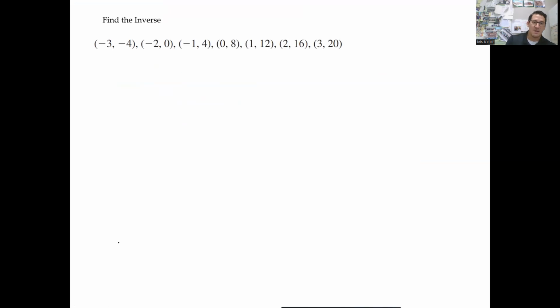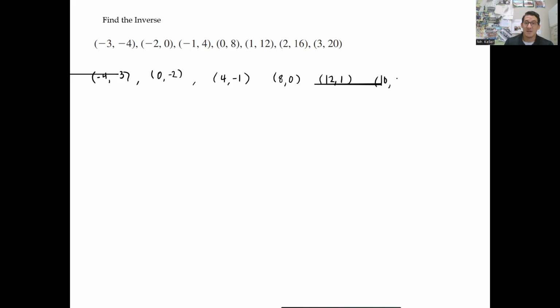So let's write an inverse function ourselves. So -3, -4, we flip that. -4 becomes the x, -3 is the y. Fix that line, don't care. 0, -2, so that's 0, -2. -1, 4 becomes 4, -1. 0, 8 becomes 8, 0. 12, 1 becomes 1, 12... or 1, 12 becomes 12, 1. 2, 16 becomes 16, 2.